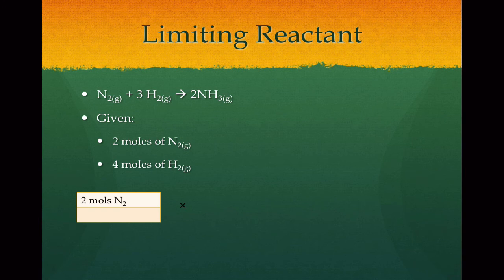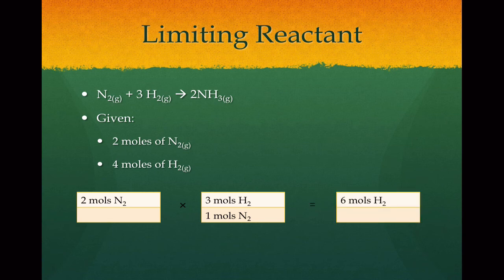So times in a line, we're going to cancel out moles of N2, converting to moles of H2, and if we pull the coefficients from the balanced chemical equation, we see that the ratio is 3 to 1. So we're canceling out moles of N2, and we are now in moles of H2, which is what we want, so we put an equal sign, and see that the value is 6 moles of H2.